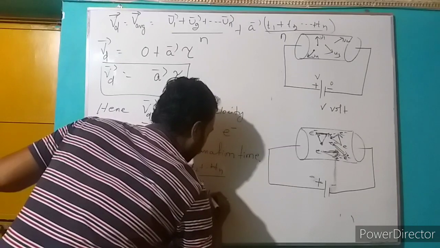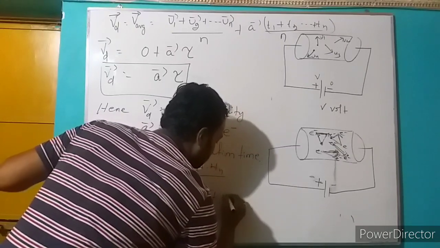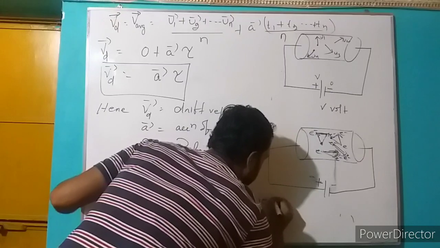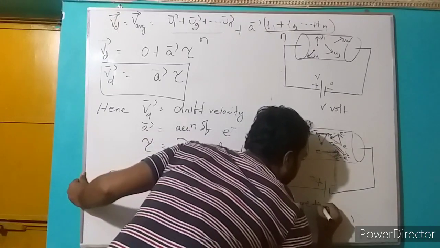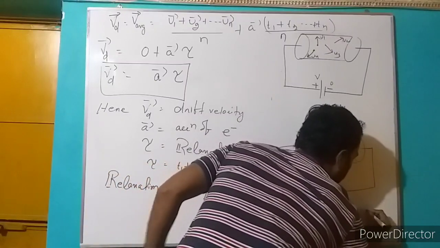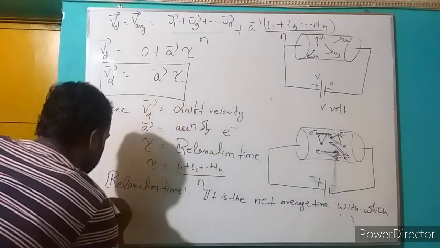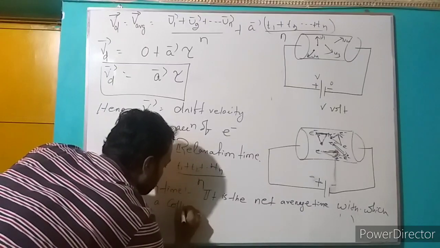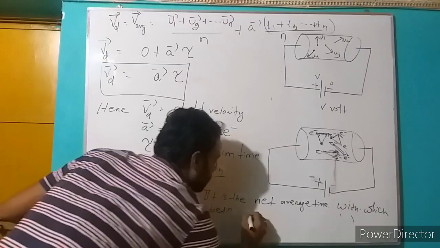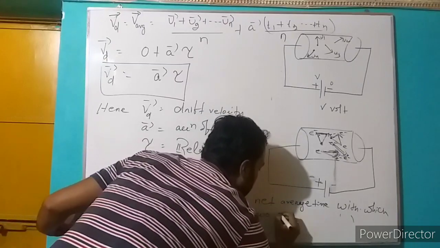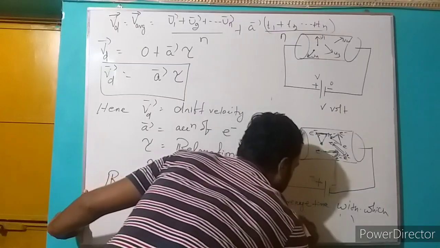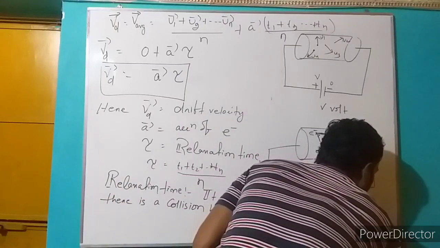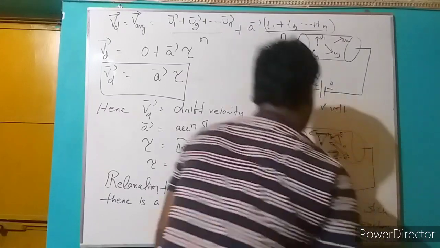So relaxation time is the net average time with which there is a collision between two successive free electrons.